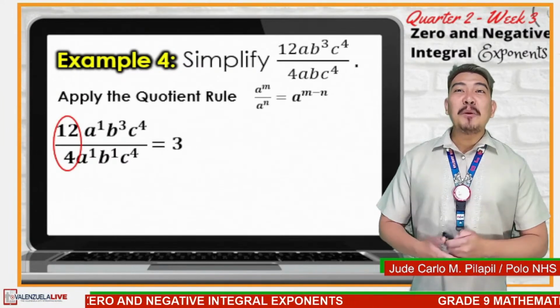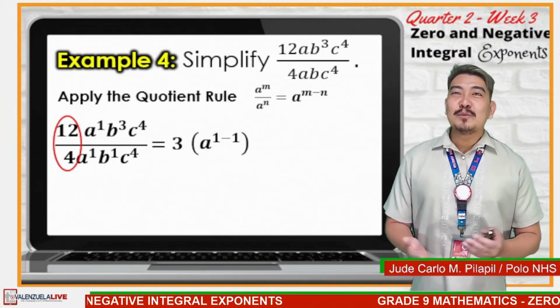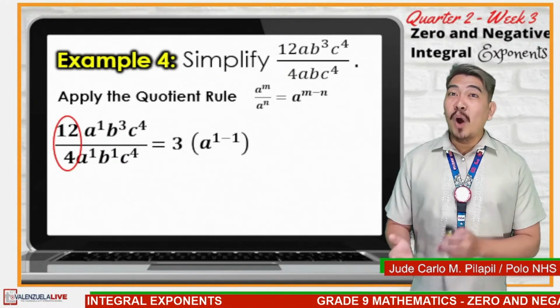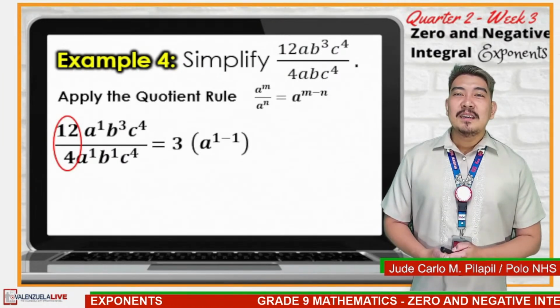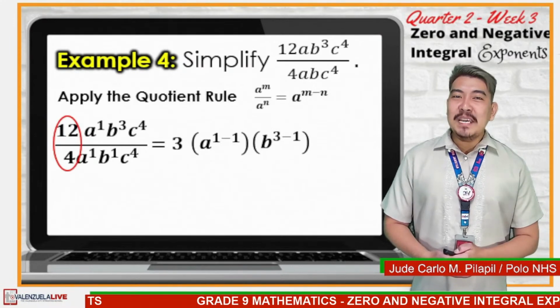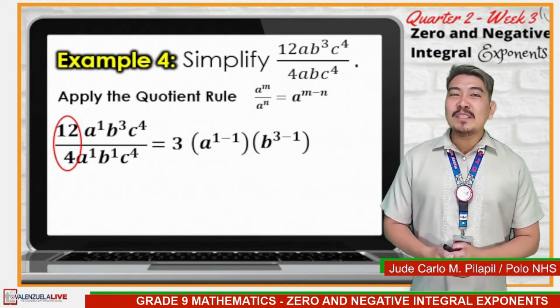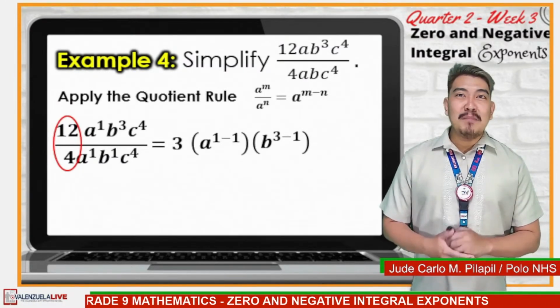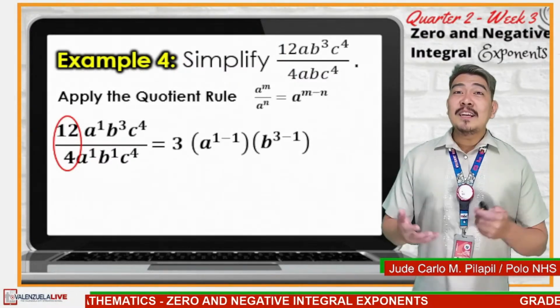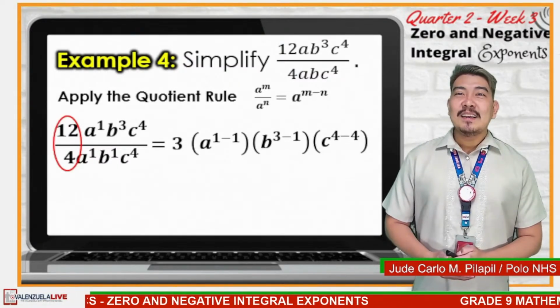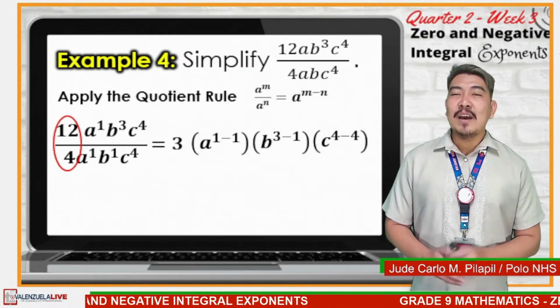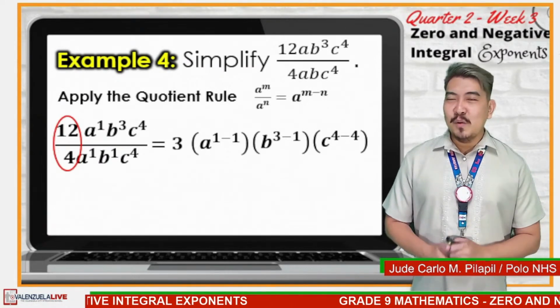The first common base is a. Subtracting the exponents, that will be 1 minus 1. The second common base is b. Subtracting the exponents, we have b raised to 3 minus 1. Then the third common base is c. Subtracting the exponents, we have c raised to 4 minus 4.